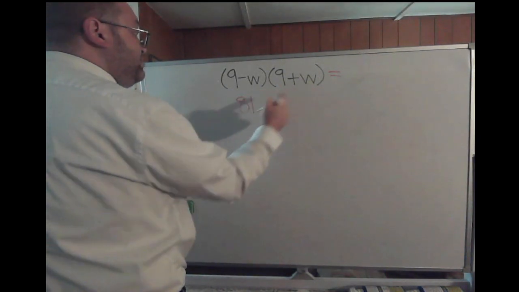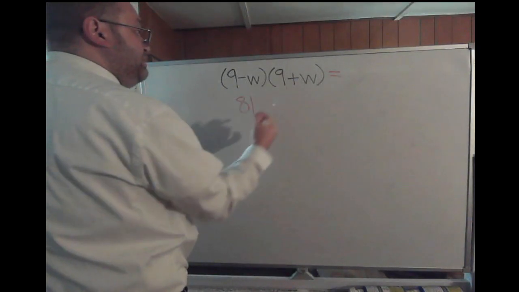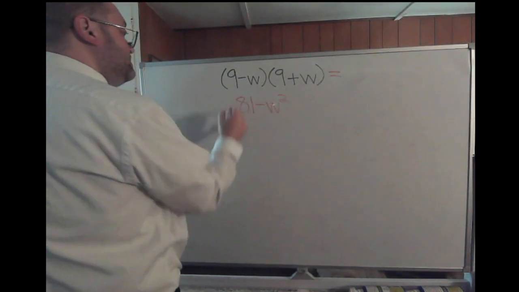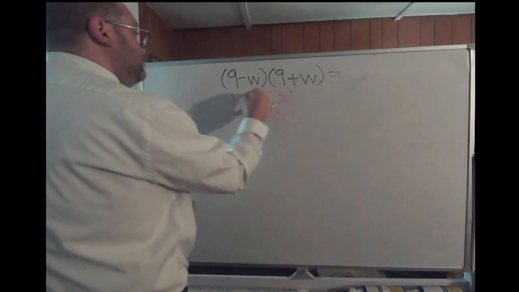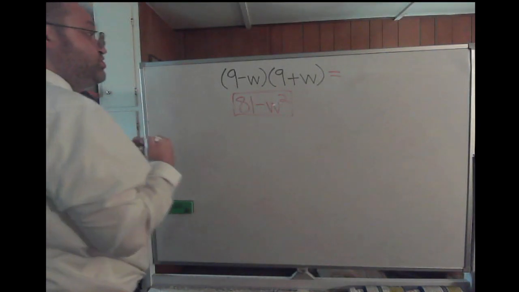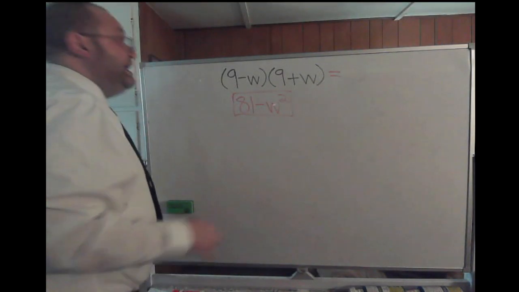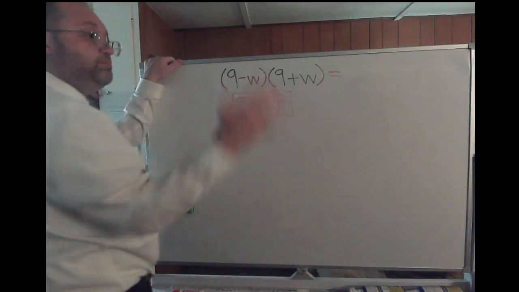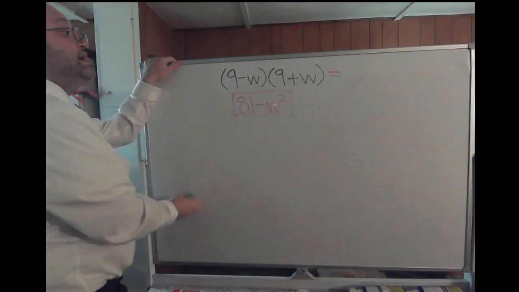We can skip the middle steps. Negative w times positive w, that'd be minus w squared. So you would get 81 minus w squared. That saves you the trouble of foiling, but it only works again if you have the same constant and the same variable, 1 plus, 1 minus. That's the only way it's going to work.